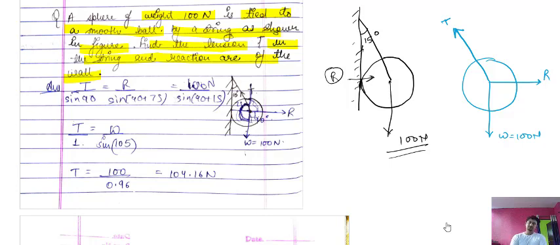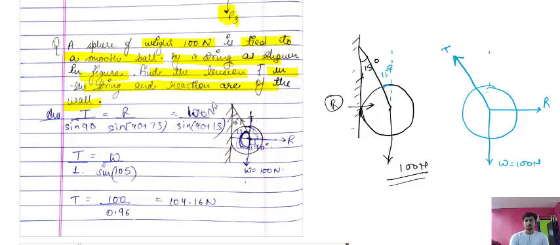Okay, so when this tension is acting like this, this angle is 15 degrees, and from here let us extend this line. If this is 15 degrees, this angle will also be 15 degrees.